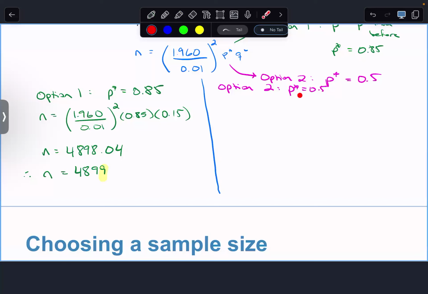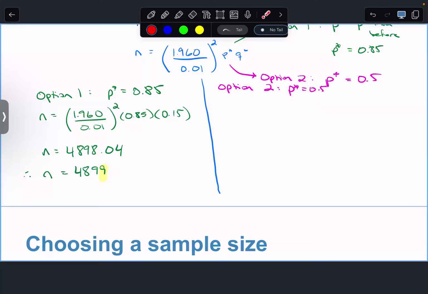This, we said, is the more conservative approach. So when I do the sample size calculation with p star equal to 0.5, I should get a larger value of n than if I have some idea about the population.